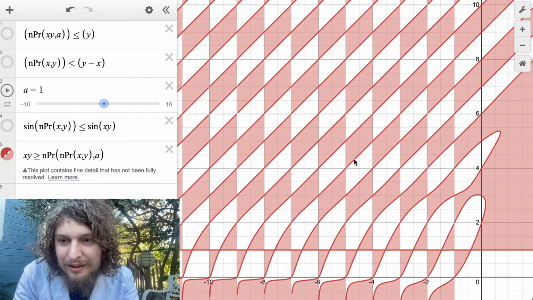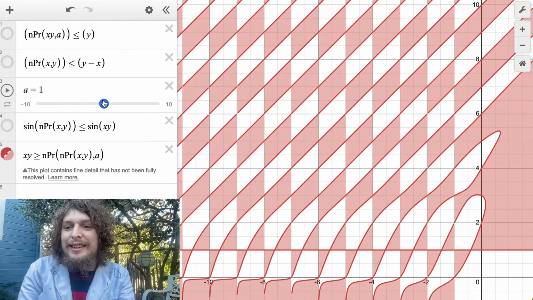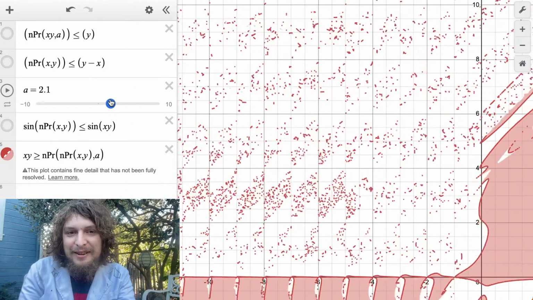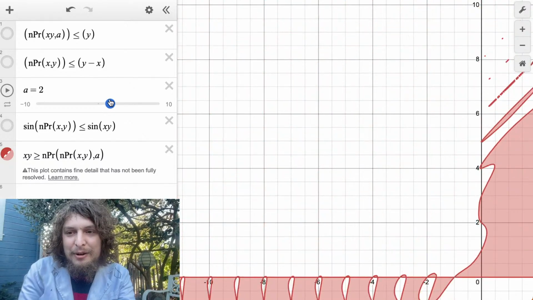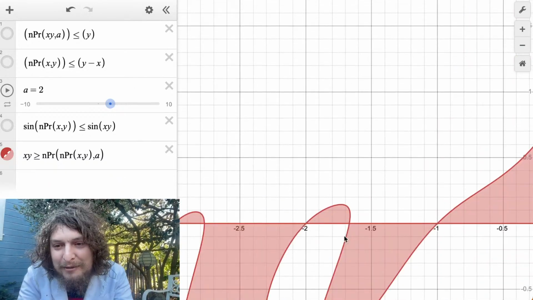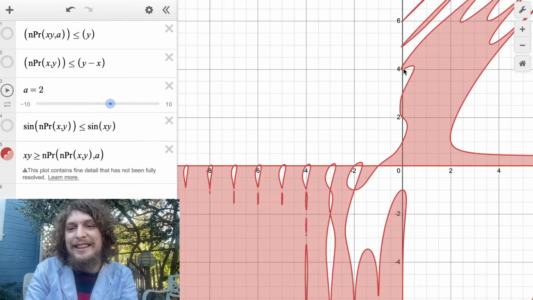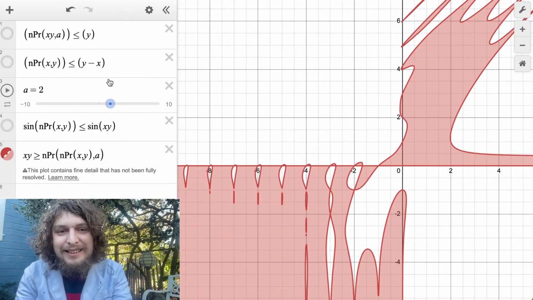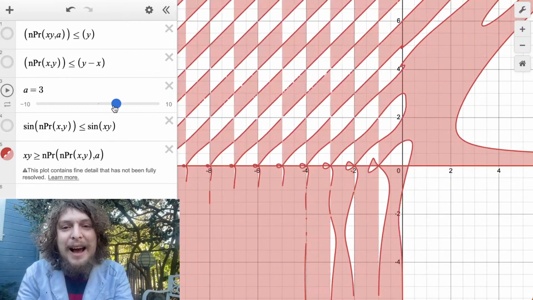And here, if I'm at 1. Now A is in between, and they start disintegrating, sort of. And at 2, they're gone. But there are little bits poking above the axis, but barely anything in that quadrant. Just these little bits on the edge. And then I go to 3, and they're back.